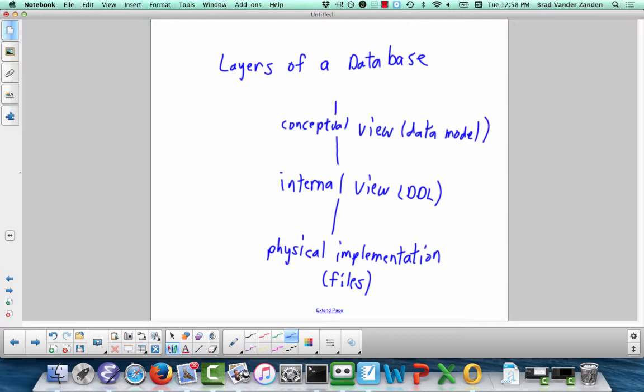And finally, you have a bunch of external views that the user sees in order to view the information.